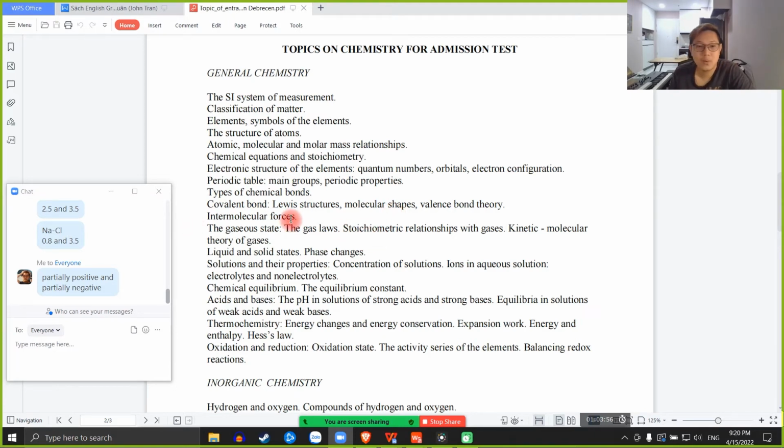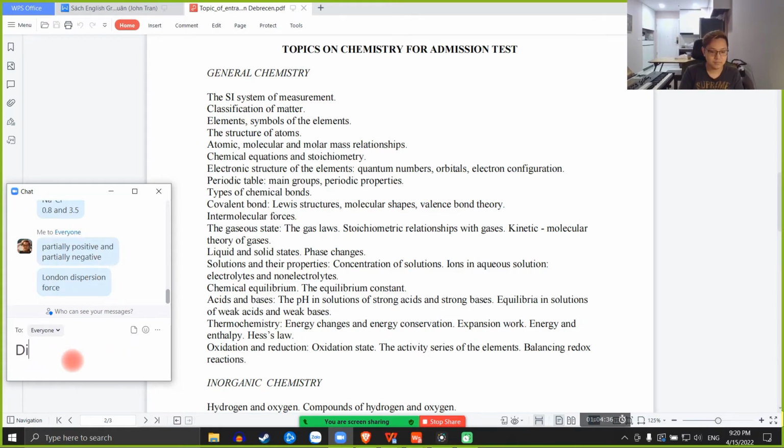Intermolecular forces. What type of forces are between the two molecules? We have intra, which means inside, and inter means between. So what types of intermolecular forces do you know? The intermolecular forces consist of electrostatic, the London dispersion force, dipole attractions, hydrogen bonds.